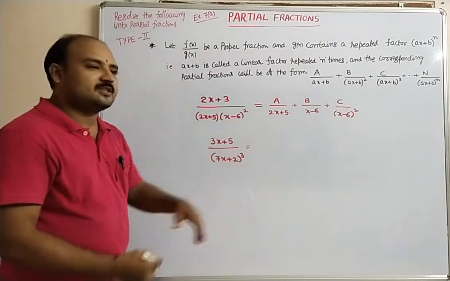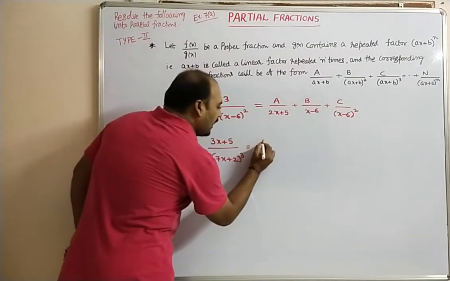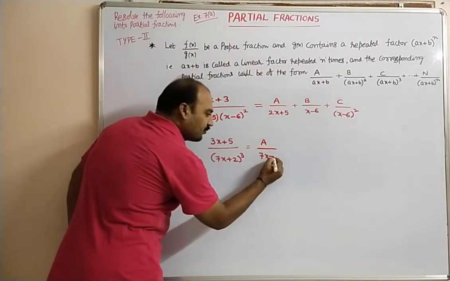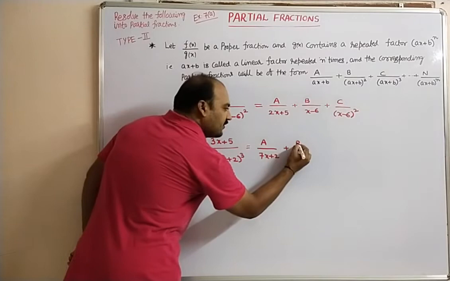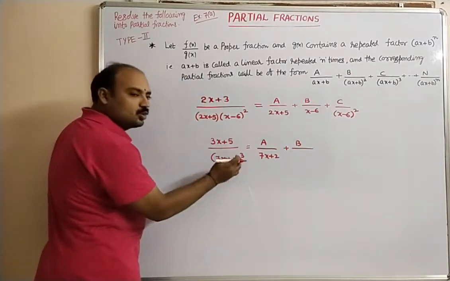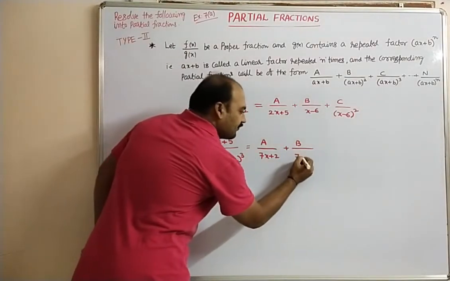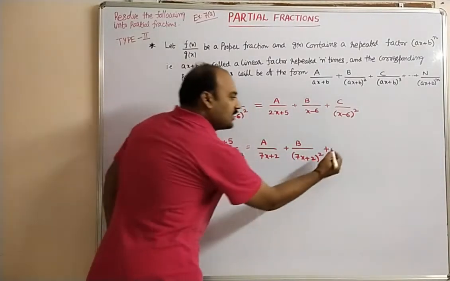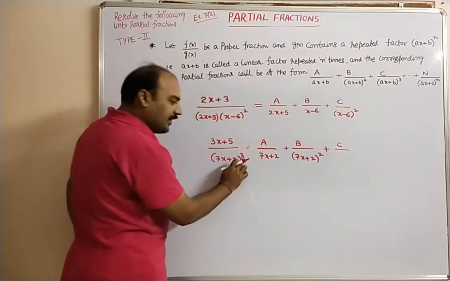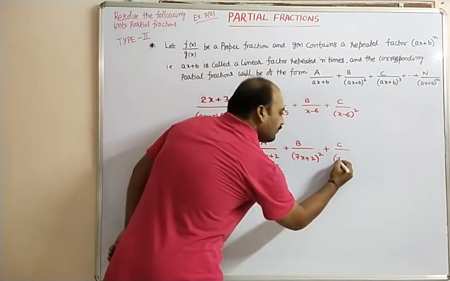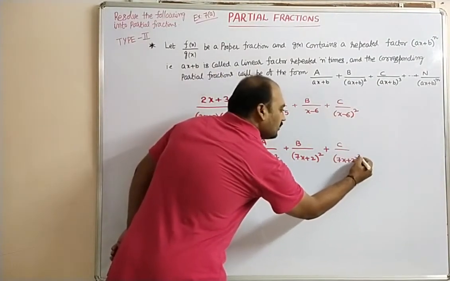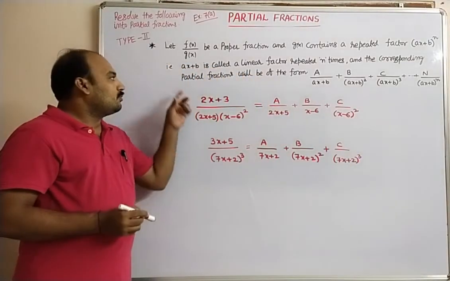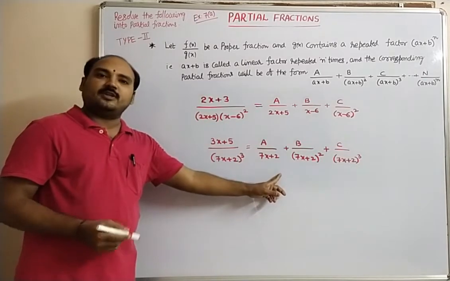So we can express it in this form: capital A divided by, first time, (7x plus 2), plus capital B divided by (7x plus 2) whole square, plus capital C divided by, third time it is repeating, (7x plus 2) whole power 3. Like this you have to express the given proper fraction into partial fractions in this form.